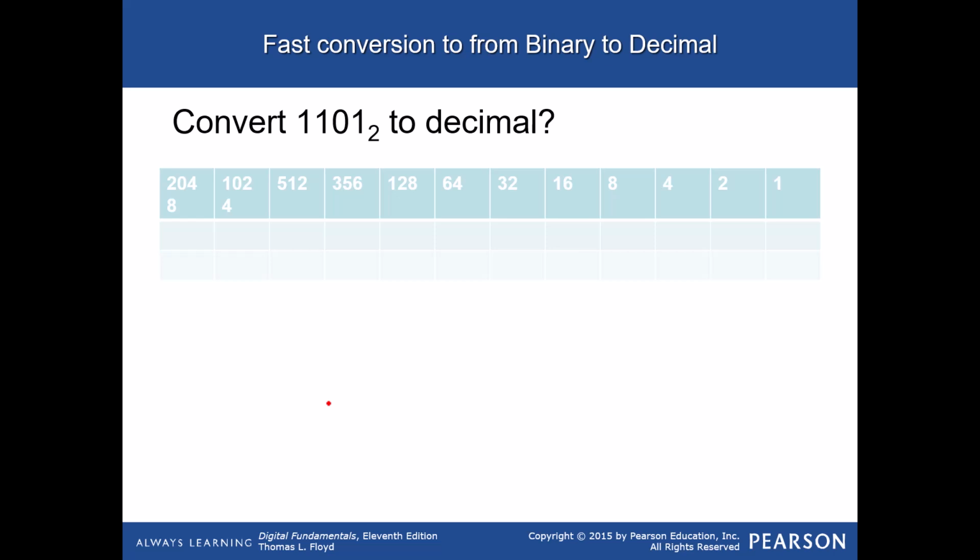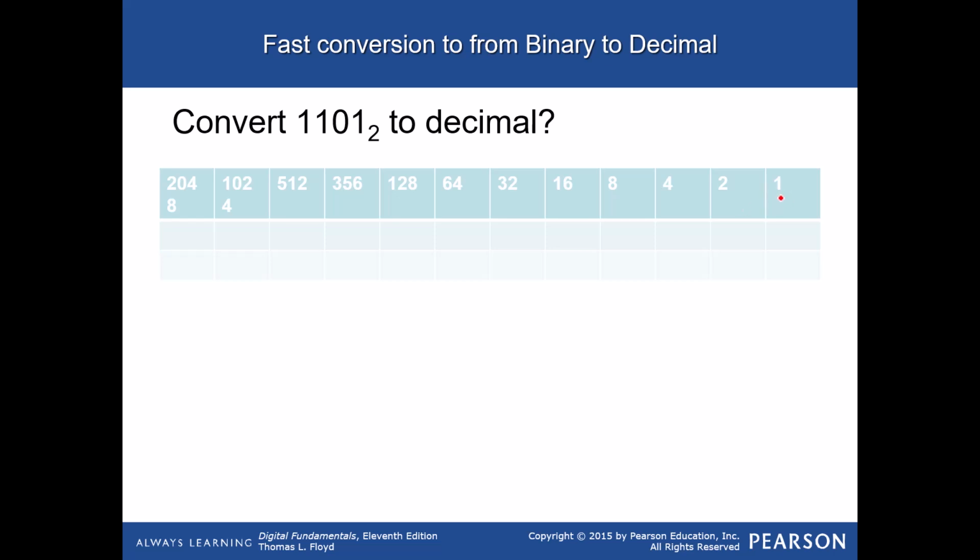This is another way. Sometimes students, when they learn the basic or the essential method, then try to make things easy for themselves. So one way to do this is to start by writing down the digits.